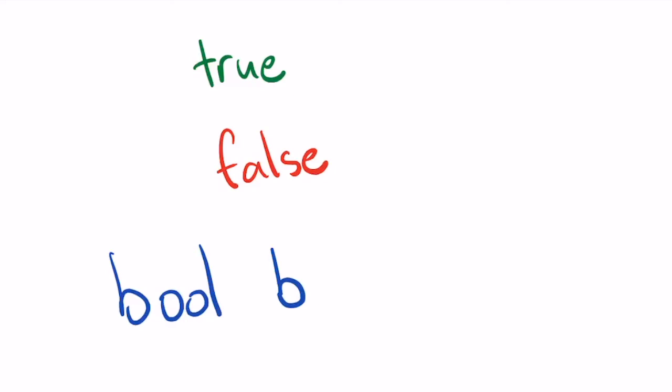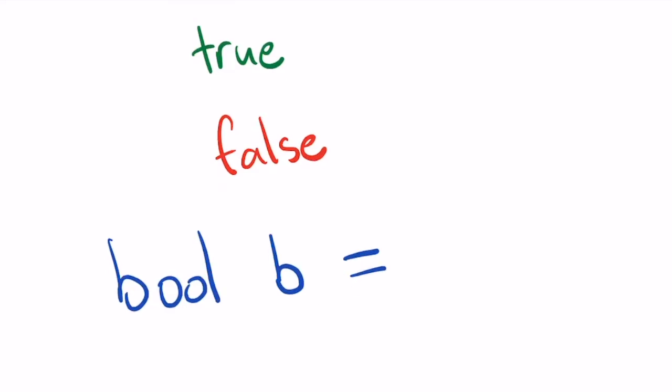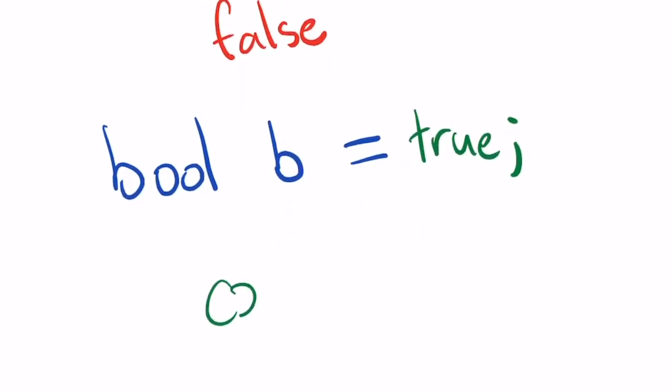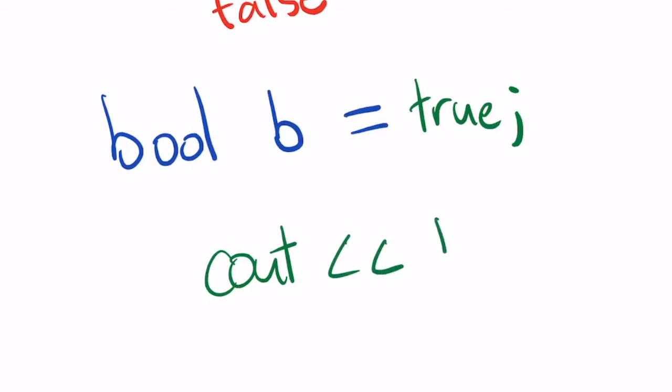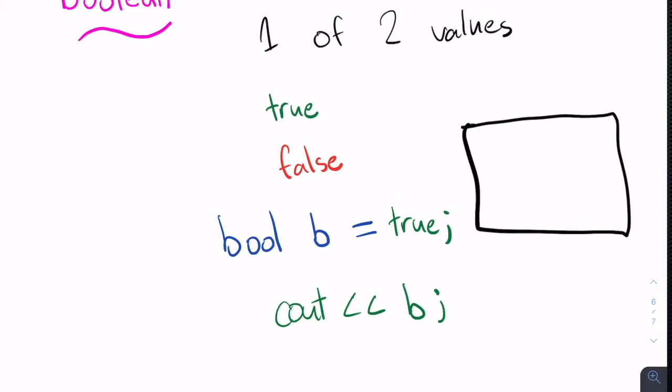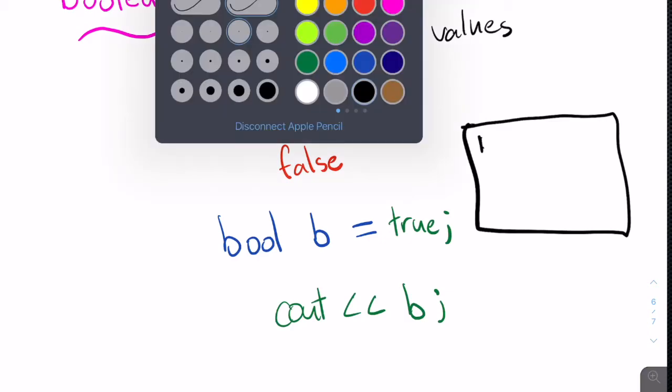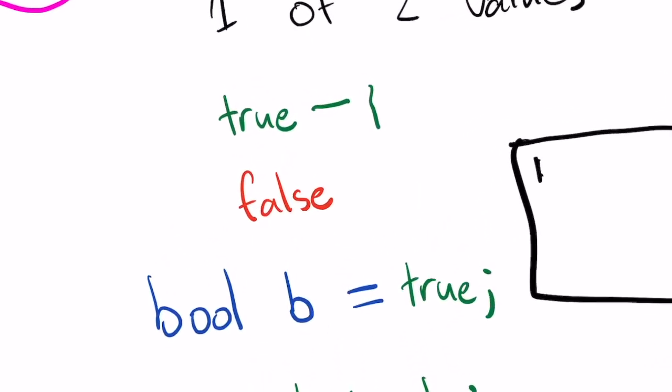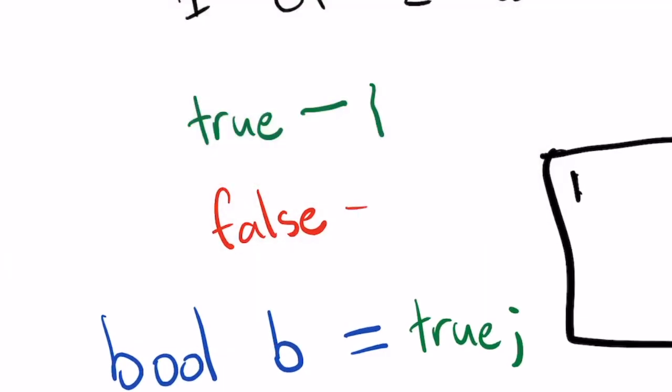And then we have to do equals assignment. So bool b is equal to, let's say, true. When we do this, and then we print cout b, let's say this is our terminal. In terminal, what you'll get is actually 1, which will confuse you, but in C++, true is represented by 1, and false is represented by 0. For now, that's the only important thing you need to know about booleans.